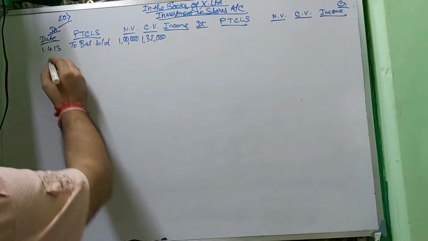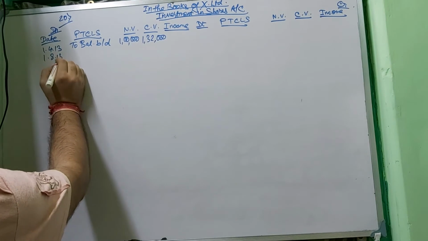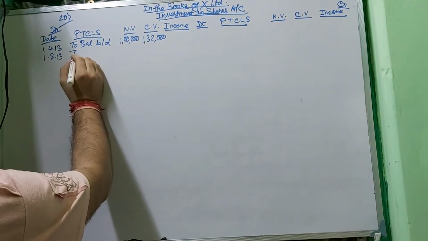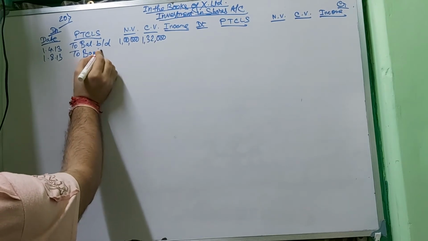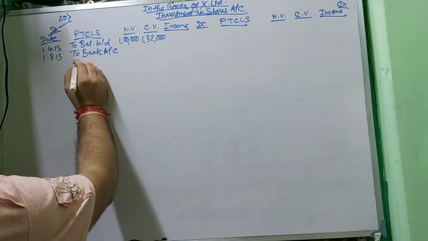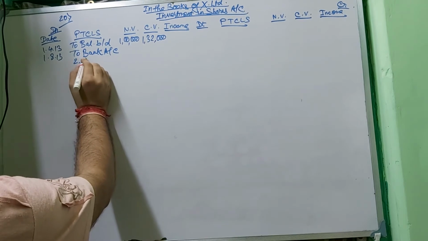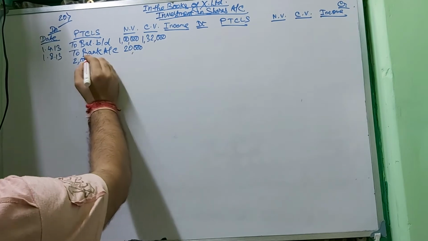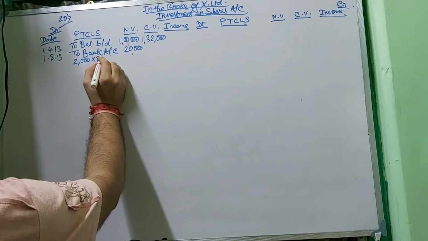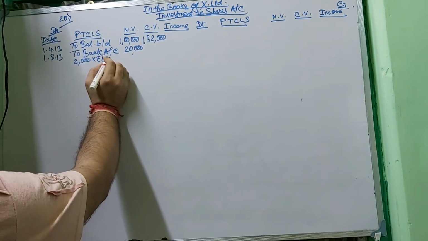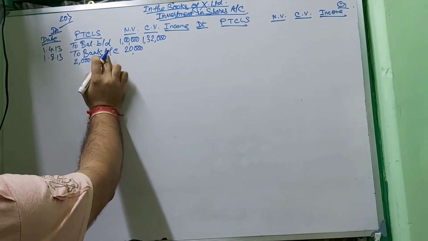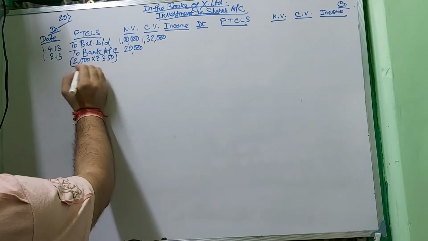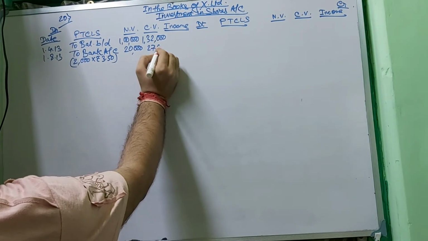On 1/8/2013, it has been purchased 2,000 shares to bank account, nominal value 10 each means 20,000, and premium, which has been given 3.50, sorry, premium is 3.50. So it will be 27,000.